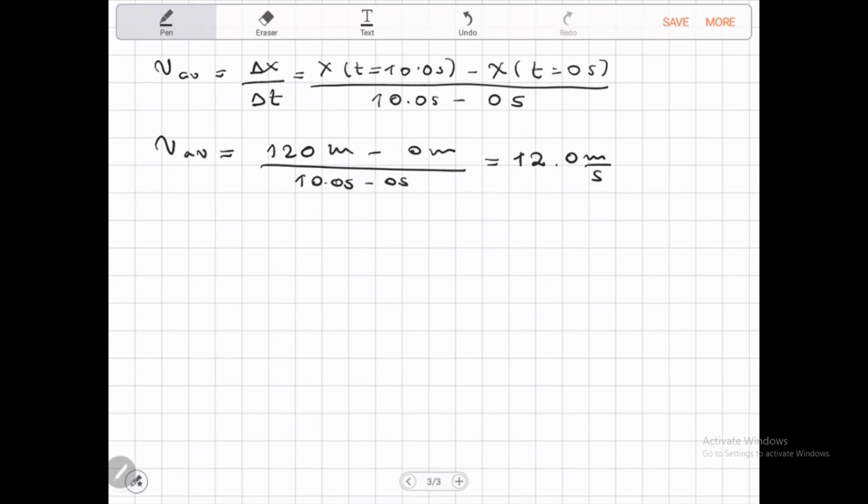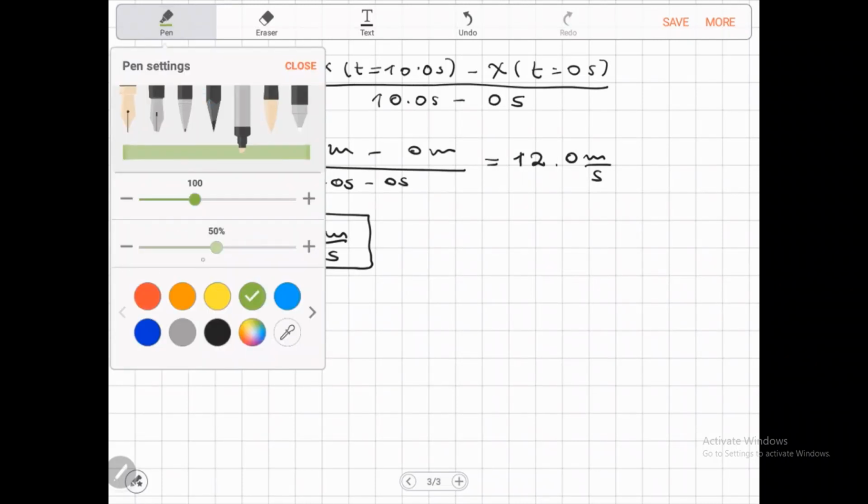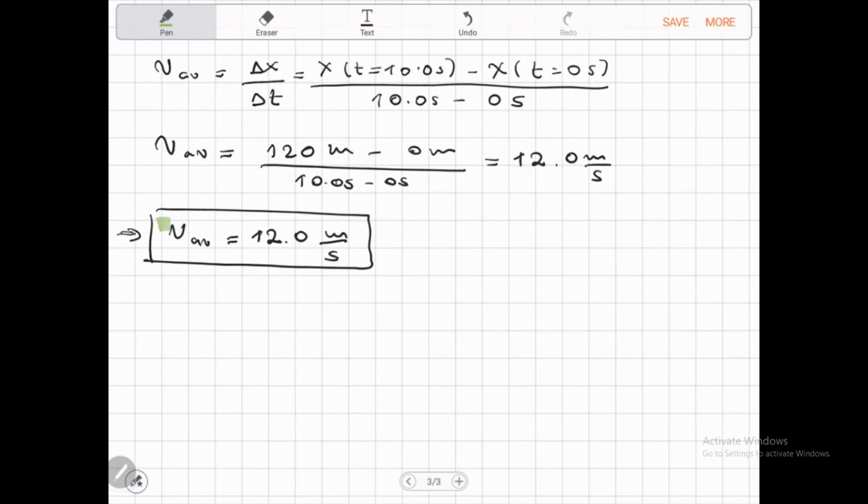So the average velocity is 12.0 meters per second, and this is the first result we are looking for. Now I'm gonna highlight this.